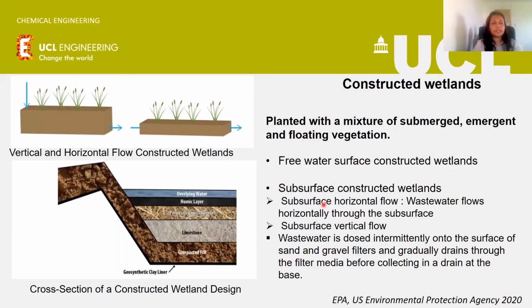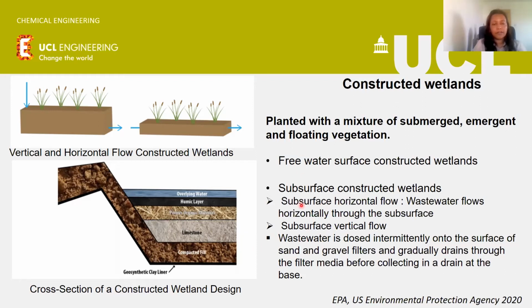Here is another example where nature-based solutions can be used for wastewater treatment. That is constructing wetlands. When you construct the wetlands, you use plants which can be a mix of submerged, emergent, and floating vegetation. You can have these constructed wetlands on the surface, or you can create them in the subsurface.